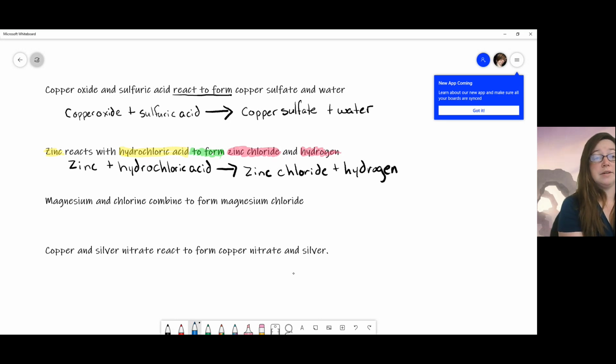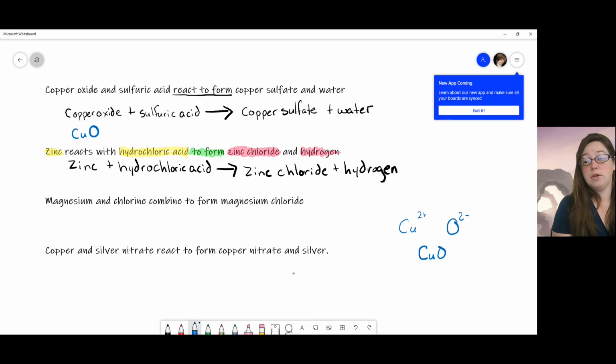Copper oxide is CuO, because you have copper, which is most commonly a 2+ ion, and oxygen, which is a 2- ion. They're bonded together. You crisscross those charges just like we did last time. Because they're both 2, it becomes Cu1O1, but you don't write ones in when you write a chemical formula, so you just leave it like that.